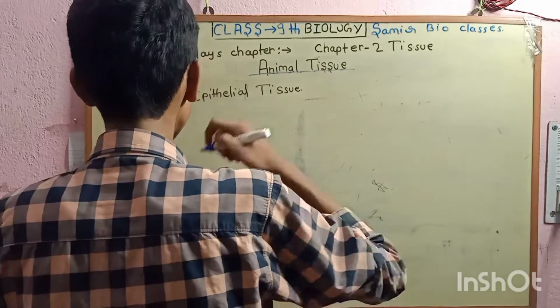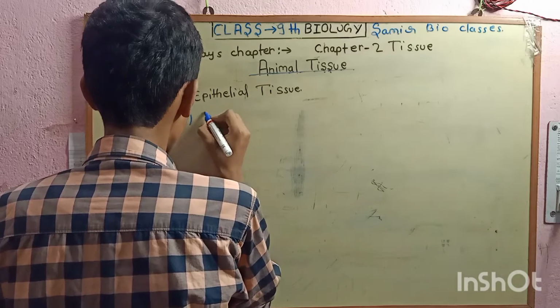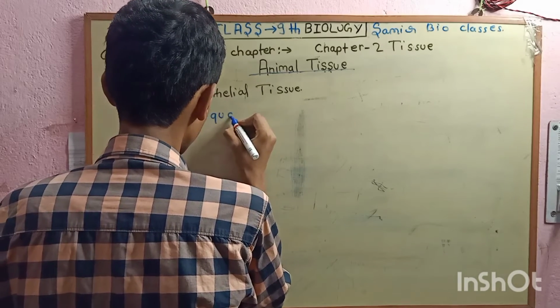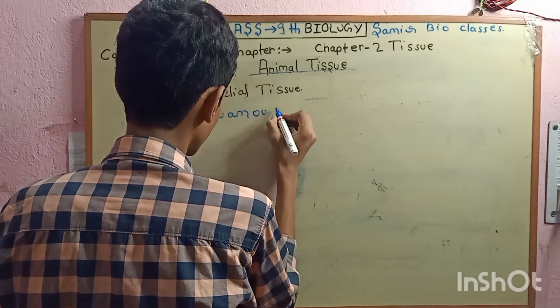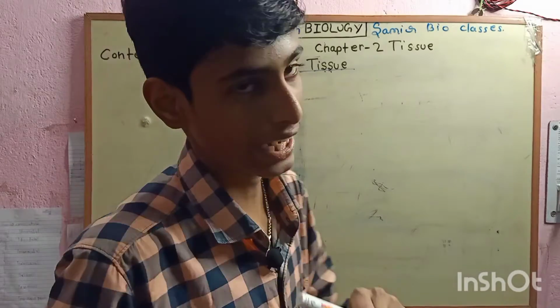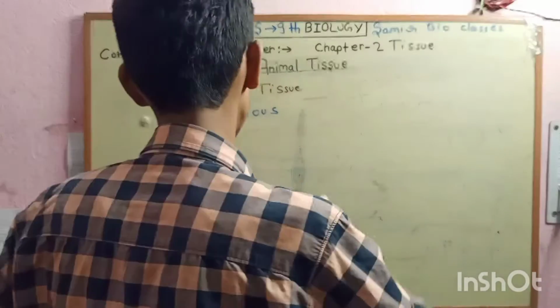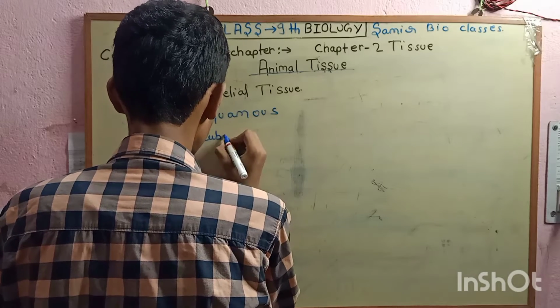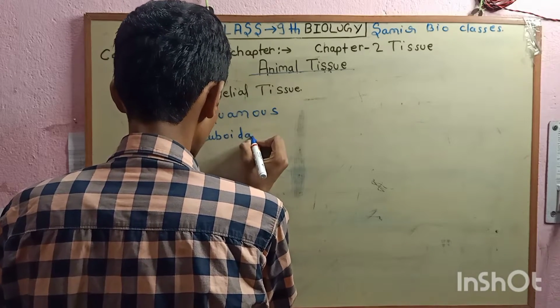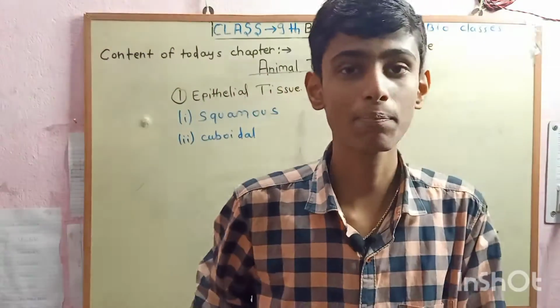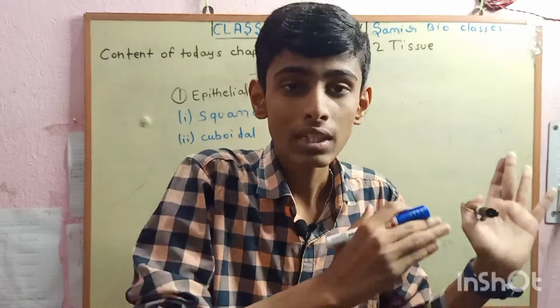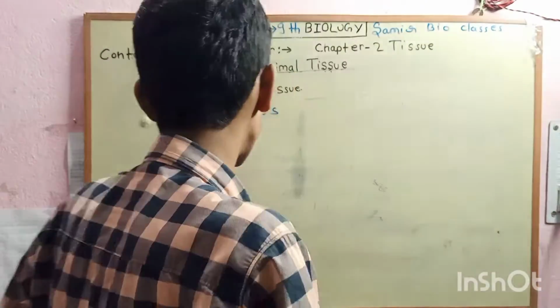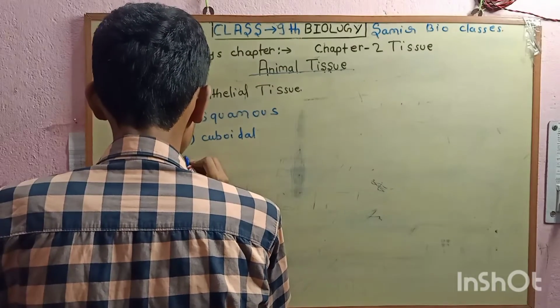So the first one is squamous. The second one is cuboidal. And the third one is columnar.